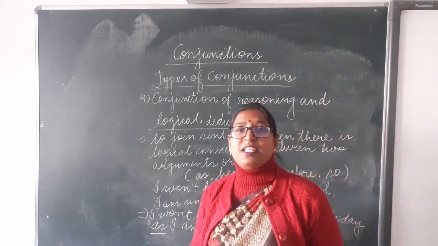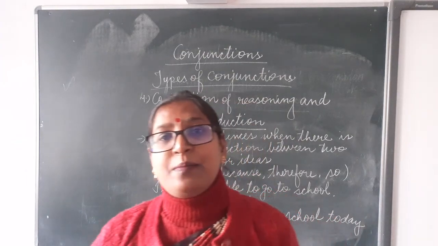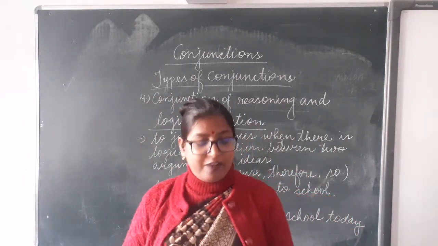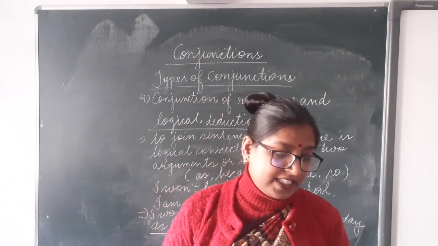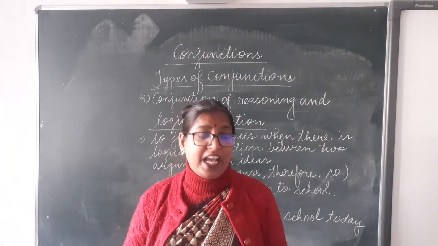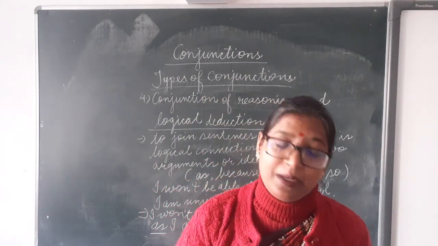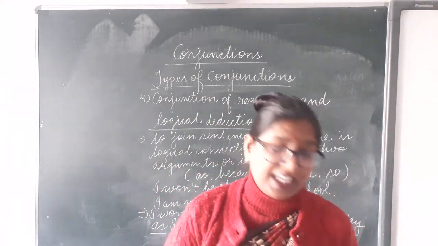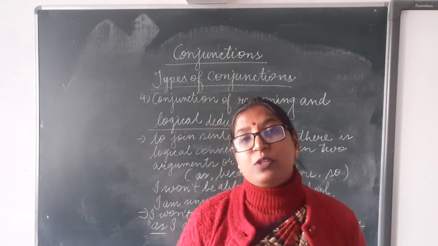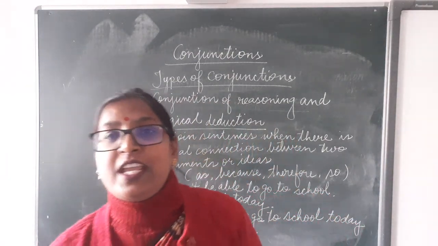We can say the sentence, I won't be able to go to school today because I am unwell. We can say, I am unwell, so I can't go to school today. Or we can say, I am unwell, therefore I won't be able to go to school today.